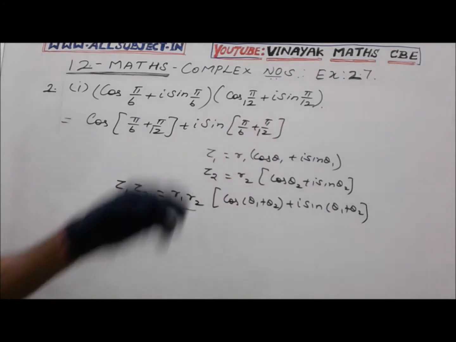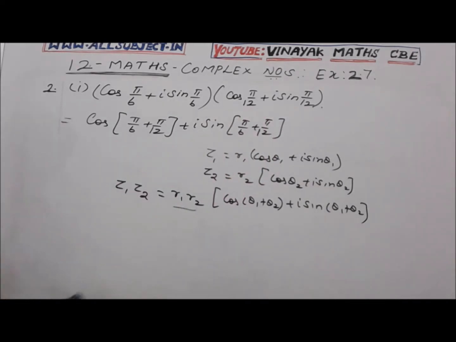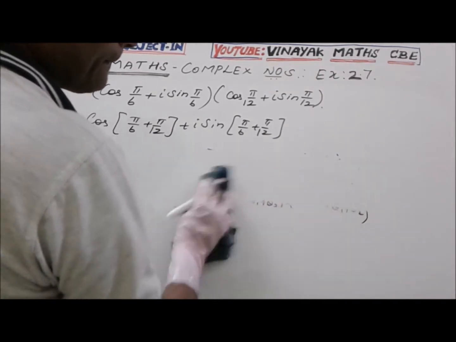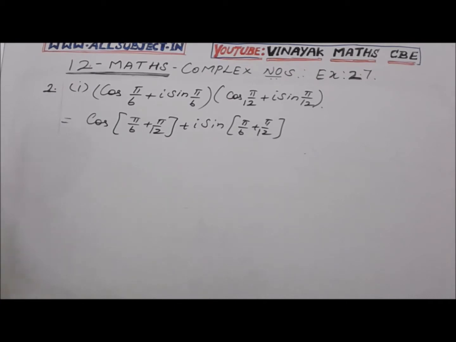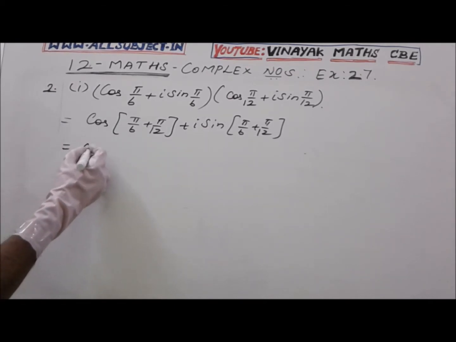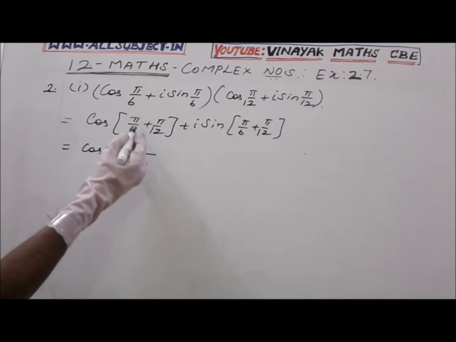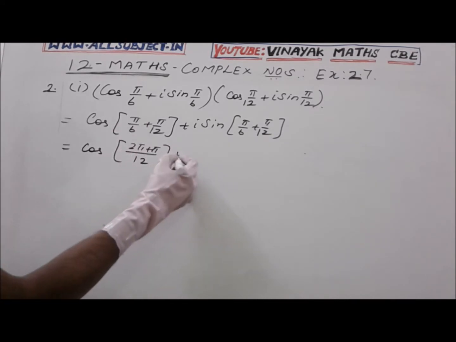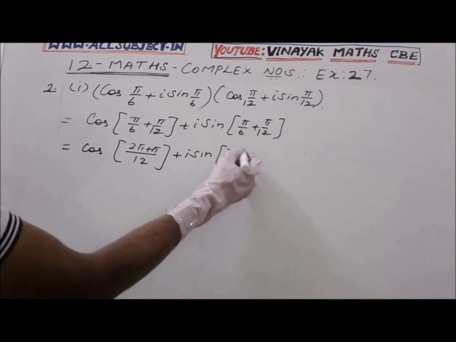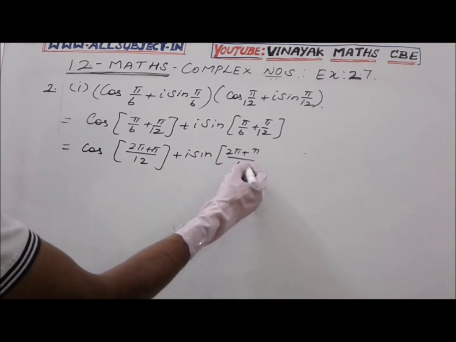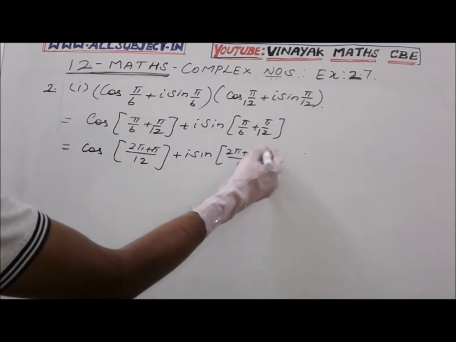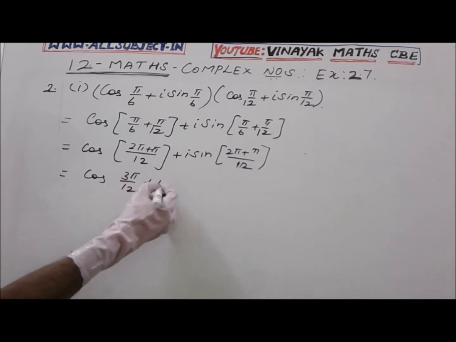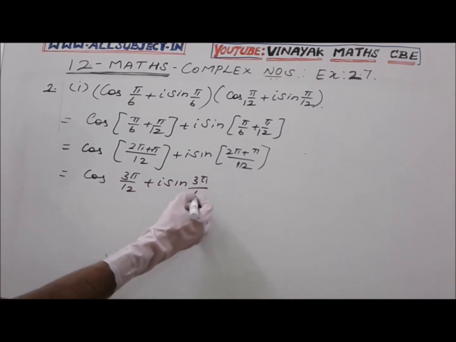Now we added it. By simplifying this, we will get the answer. This is one of the results. Now taking 12 as LCM here, cos of 2 pi plus pi, that is 3 pi by 12, plus I into sin of 3 pi by 12.